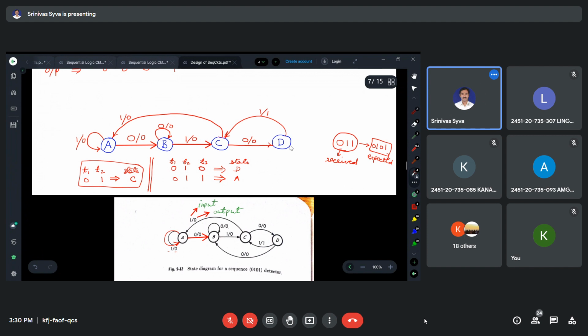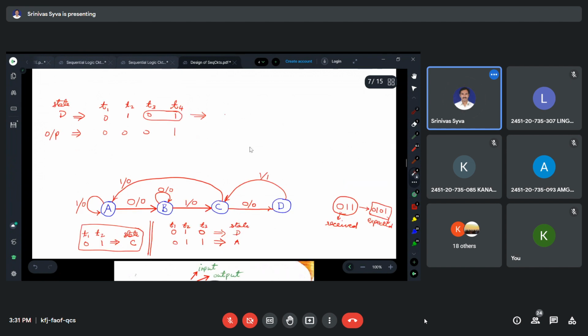Suppose in the state D, if we receive 0, what happens? Suppose we receive 0, 1, 0, and again we receive 0.